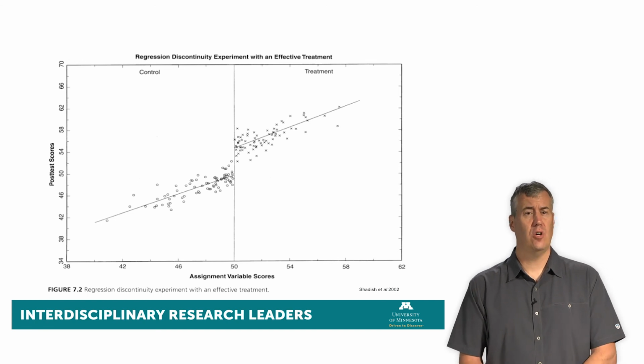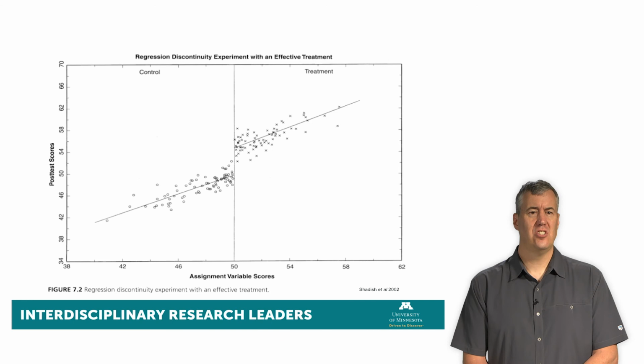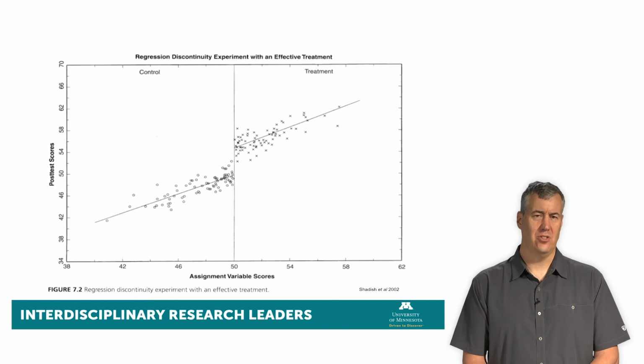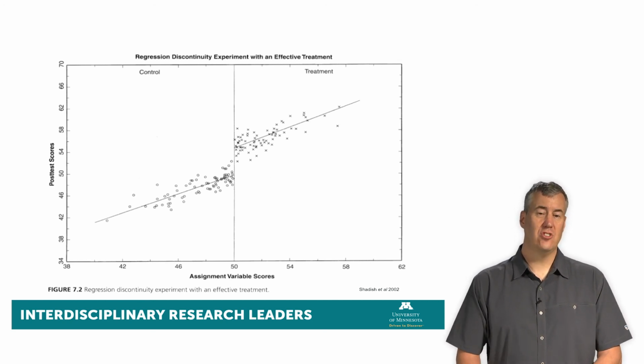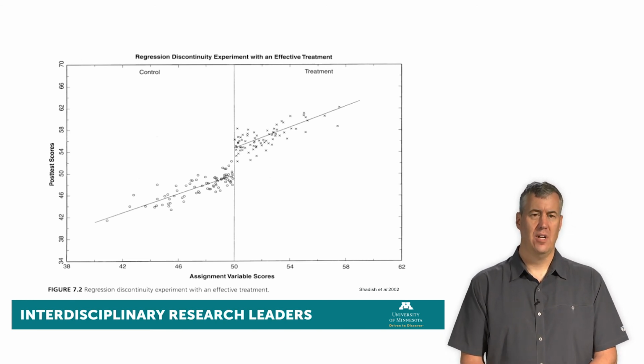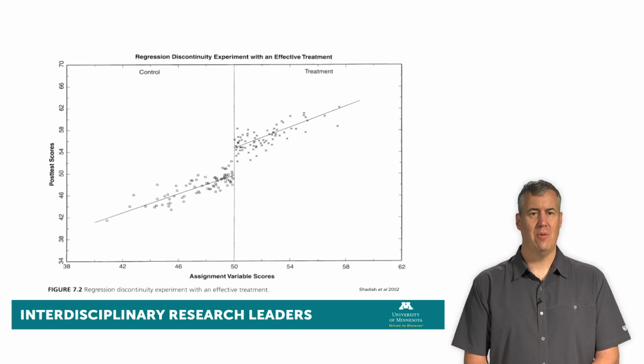And that's that vertical line in the graph. And so what we see then is that the average score of the individuals, which we mark by the vertical axis, that's ranging in this graph from 34 to 70, is clearly higher after the assignment than before. You can see there's sort of a discontinuity or a jump at that assignment score.